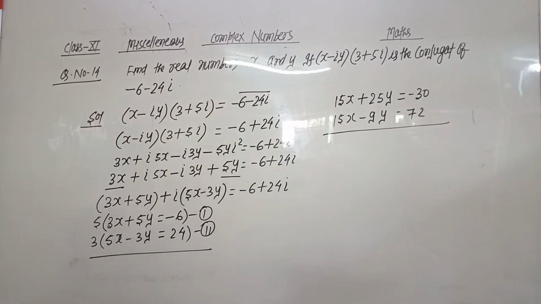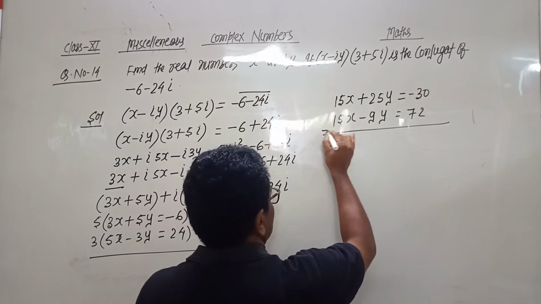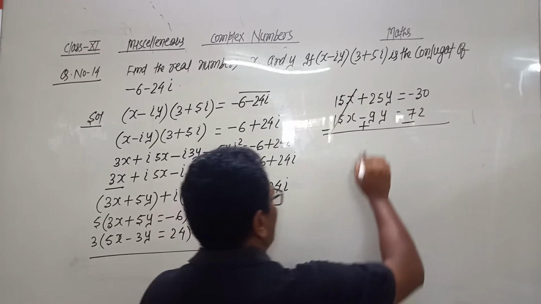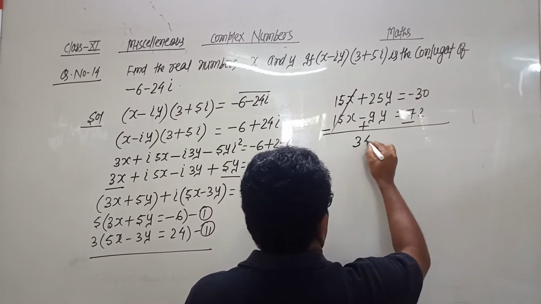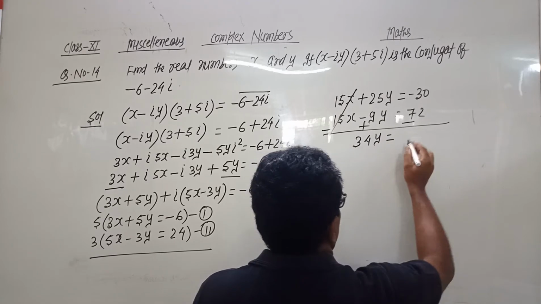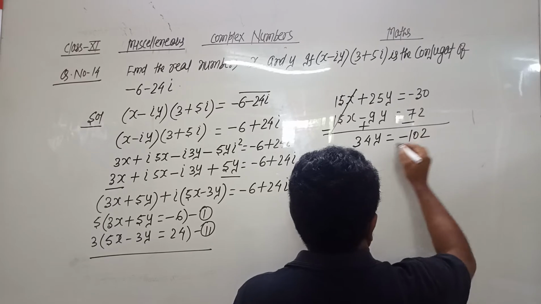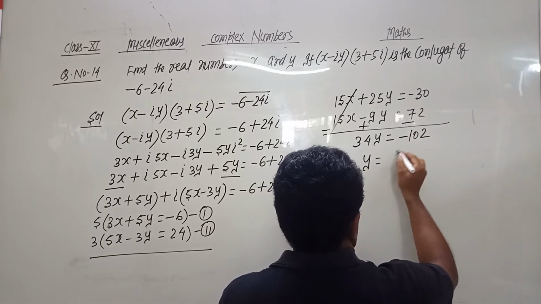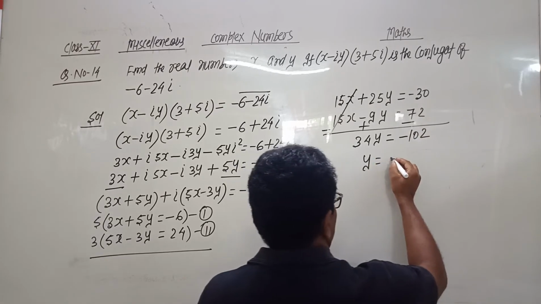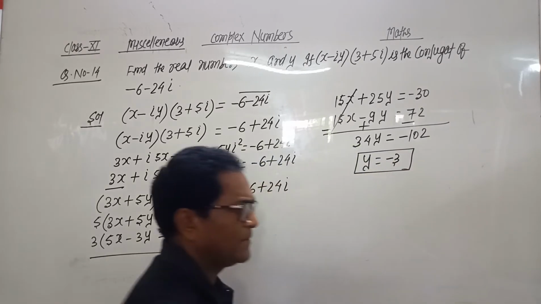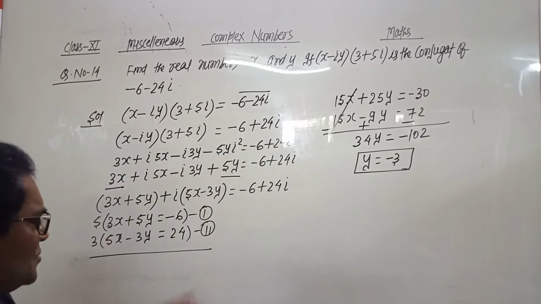Then we subtract the second equation from the first, changing the signs. 15x cancels. 25 plus 9, 34y equals minus 30 minus 72, minus 102, and y equals minus 102 divided by 34, that is minus 3. So the value of y comes to be minus 3.